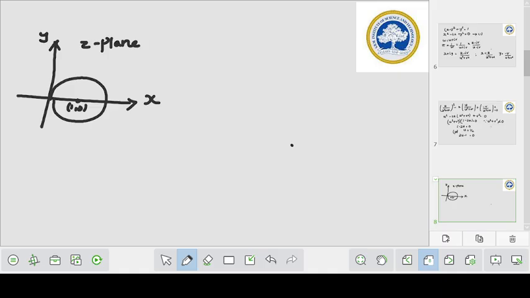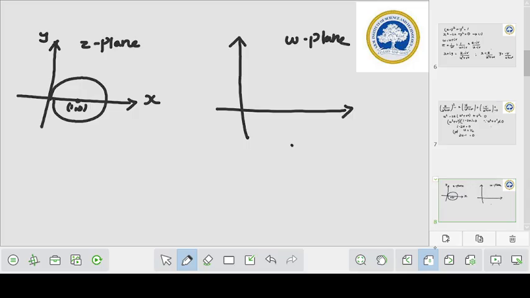Now in the w plane, it is a straight line. The image under the transformation is mapped onto a straight line in the w plane, that is u equal to half. Okay, so this is how you do the conformal mapping under the transformation w equal to 1 by z.